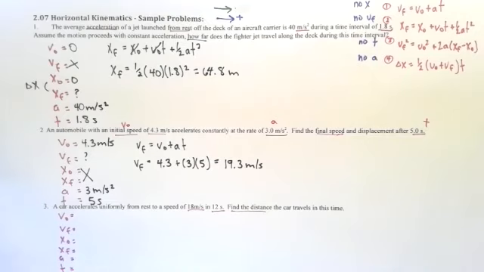I'm going to have a time of 12 seconds. And I'm looking for, I'm going to say I'm starting from 0, I want the distance. So now, where does this 18 meters per second go? Well, I know it's a velocity because it's 18 meters per second. If I read the problem again, it accelerates uniformly from rest to a speed of 18 meters per second.